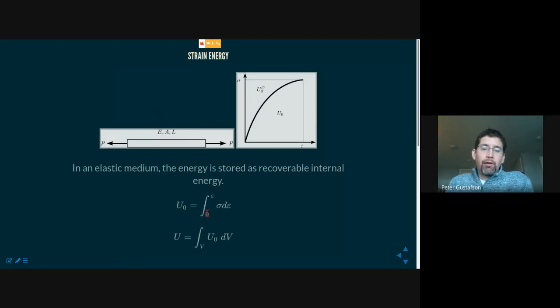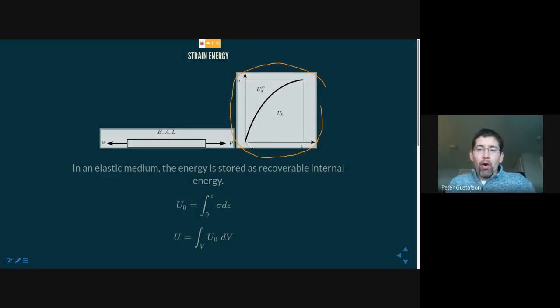As you integrate from zero strain up to the strain, what you're looking at is a stress-strain curve, top right here, where for any level of strain you have a certain level of stress.